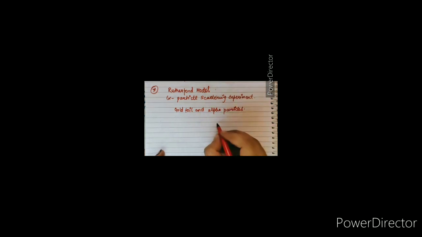Now we are representing the Rutherford experiment in which this is an atom with a positive charge. These are the beam of alpha particles which is hitting the atom. Now what are the observations of the Rutherford model?